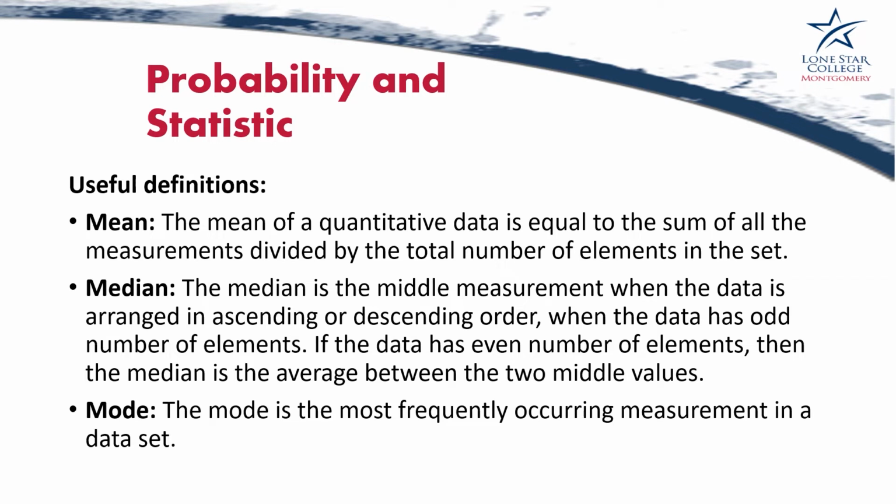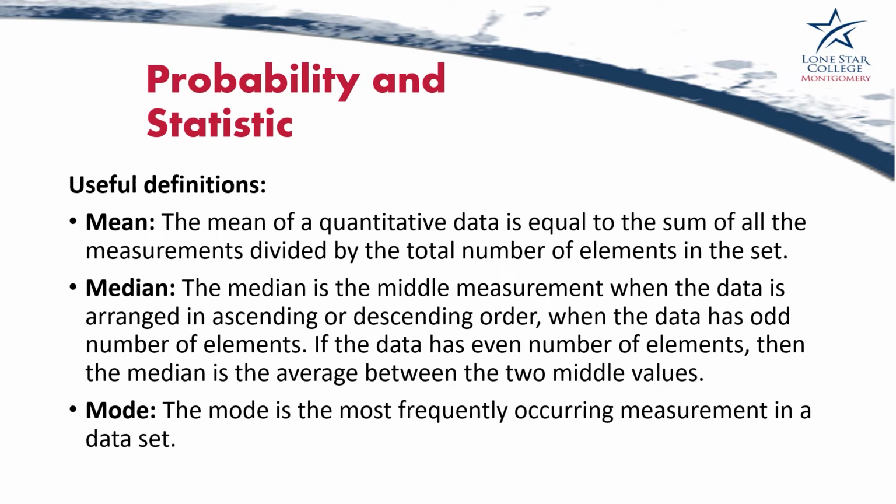Going back to what the median is, you order it from least to greatest or greatest to least, and then you cross out both sides until you get to the middle number, and that would be your median. But if you have two numbers in the middle, after you cross things out, you take the average of those two. You add them up and divide by 2. The mode is the most basic one.